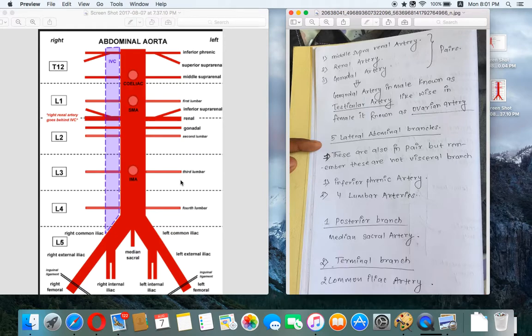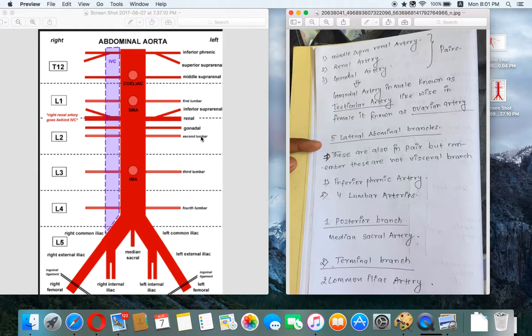These all are paired, and these all are lateral branches of abdominal aorta, but these are not the visceral branches. The visceral branches of the lateral abdomen are three, and these are paired: middle suprarenal artery, renal artery, and gonadal artery. Here we have inferior phrenic artery and four lumbar arteries.